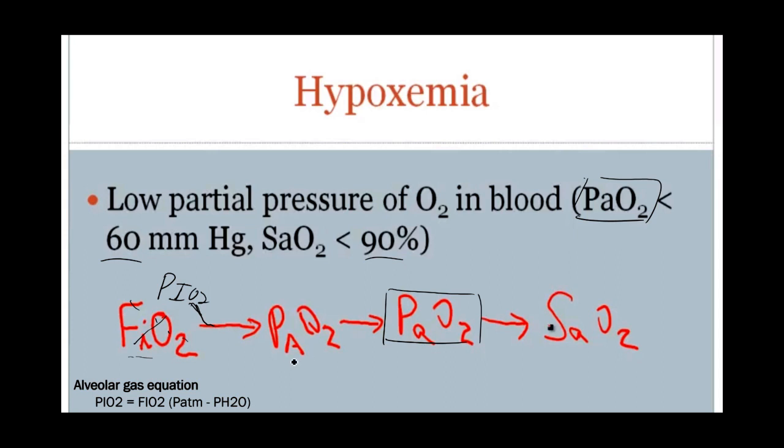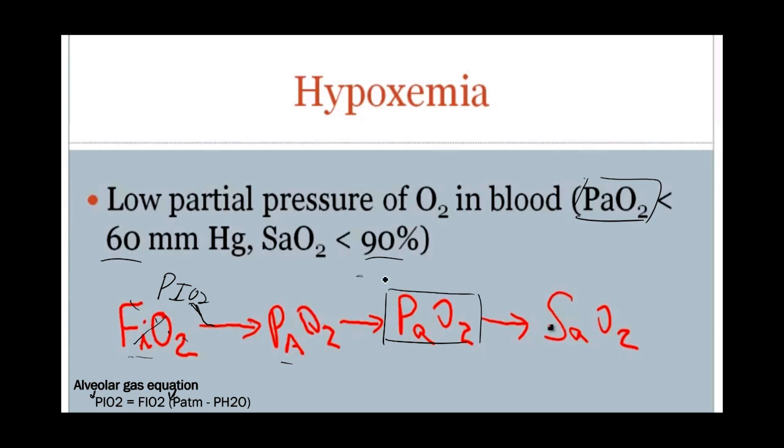They both determine the eventual alveolar PO2, but the alveolar gas equation determines the amount of oxygen that is actually going to reach the alveoli, and it's determined by the fraction of inspired air, which is FiO2, times the atmospheric pressure minus the pressure of water vapor. And remember, in high altitude situations, the atmospheric pressure decreases, so you get decreased PiO2.